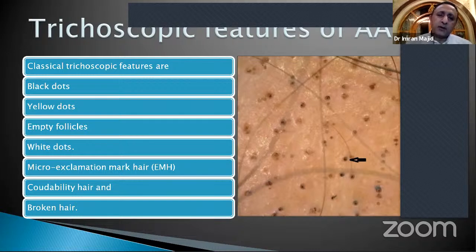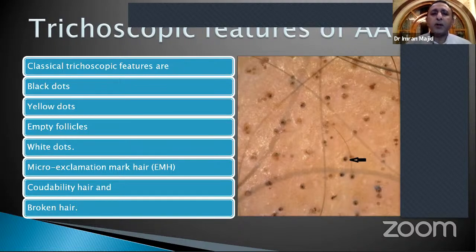So these trichoscopic features are important in the diagnosis as well as in the prognosis of alopecia areata, because many of these trichoscopic findings tell us whether the disease is active or not. So once we start treating a patient and you see that there is a change in the trichoscopic features, you can safely assume that the patient has gone into remission even in absence of a visible hair regrowth.